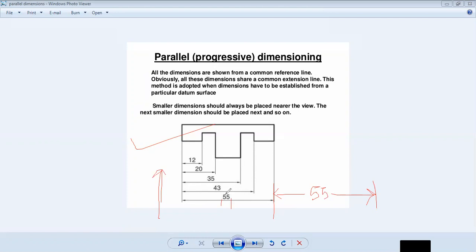Every dimension is above the line, and if this one is to be shown, for example 20, you show it like this. Then if you want to show this, you do it like this.